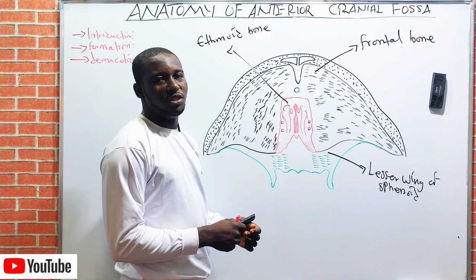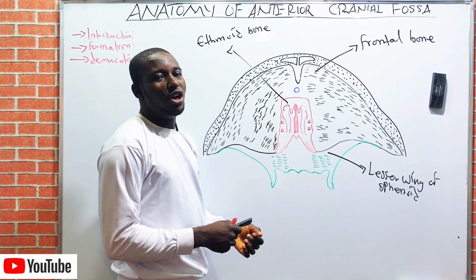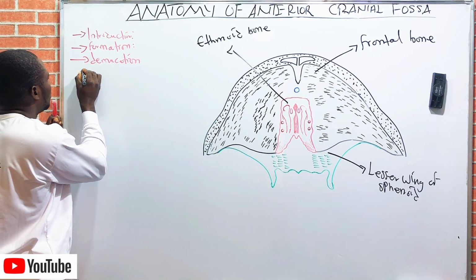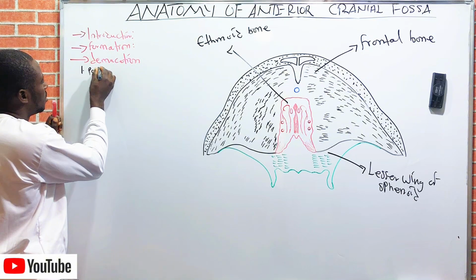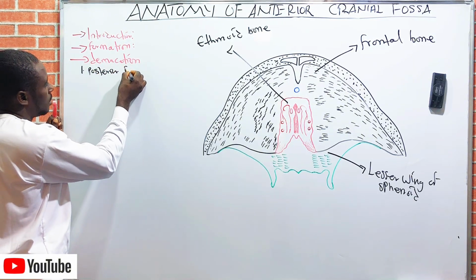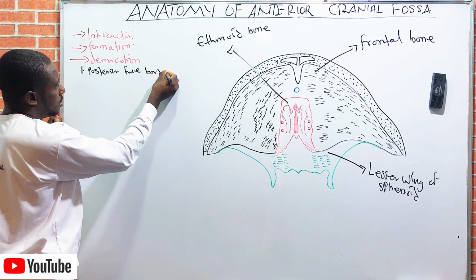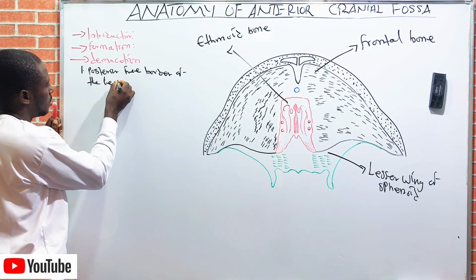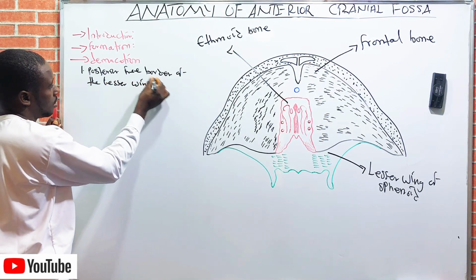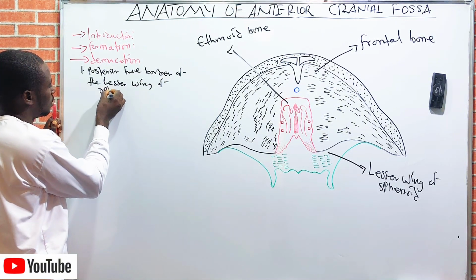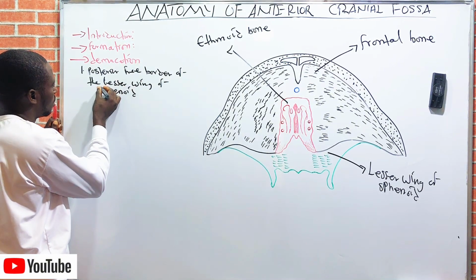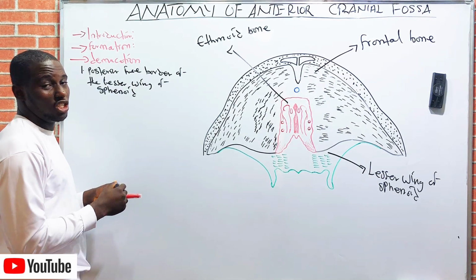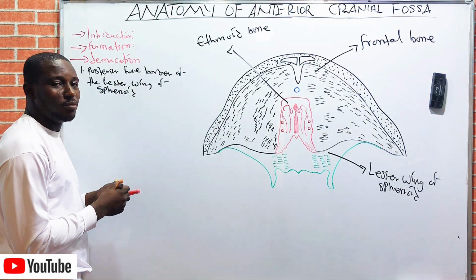Number one demarcation is the posterior free border of the lesser wing of the sphenoid. That is the number one bony structure that forms the demarcation.